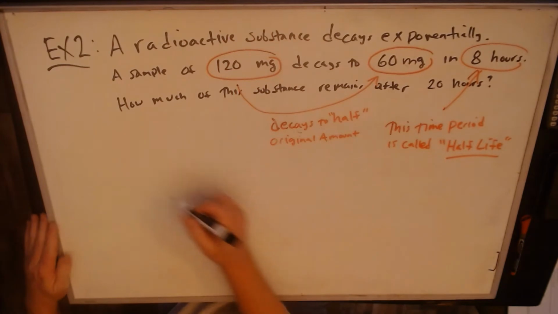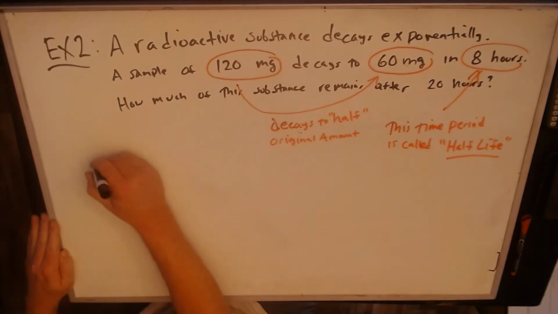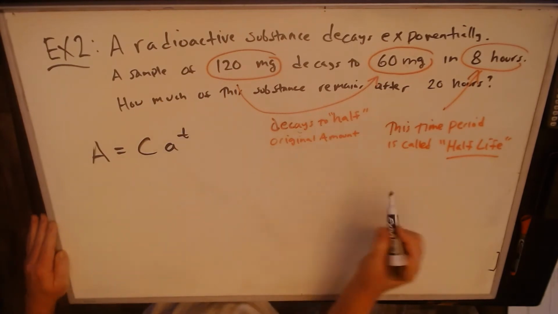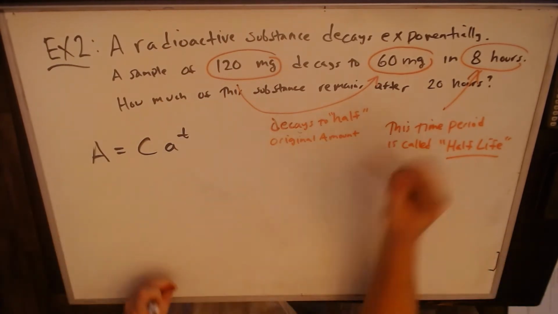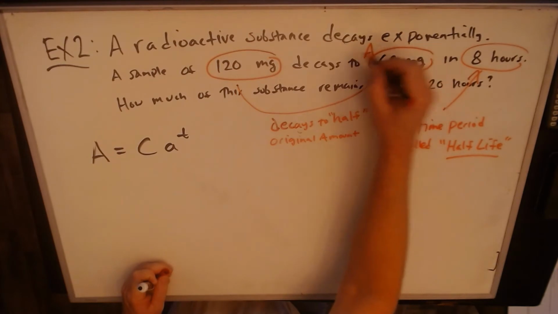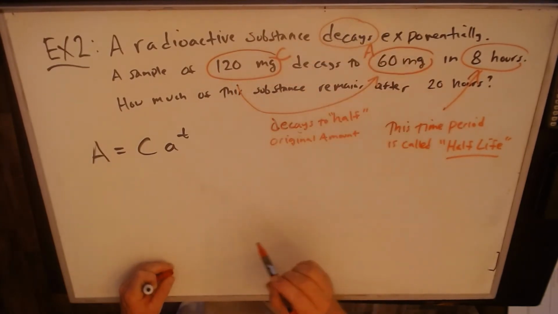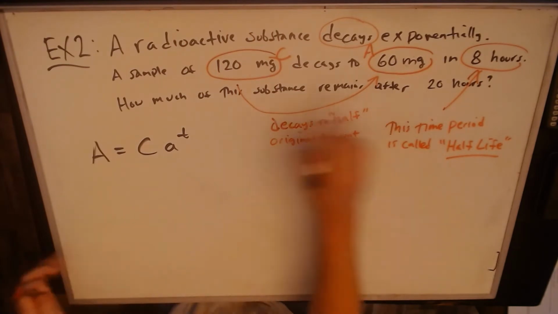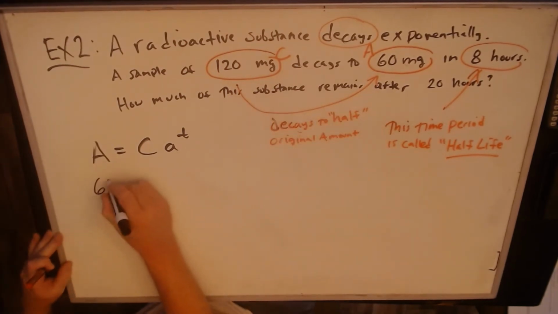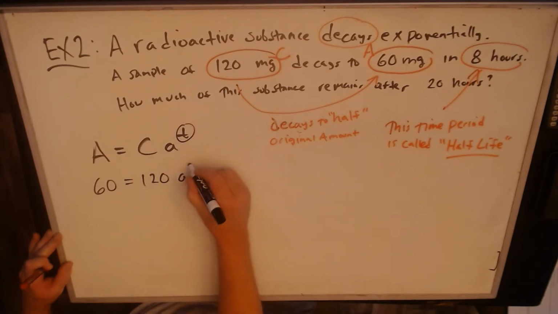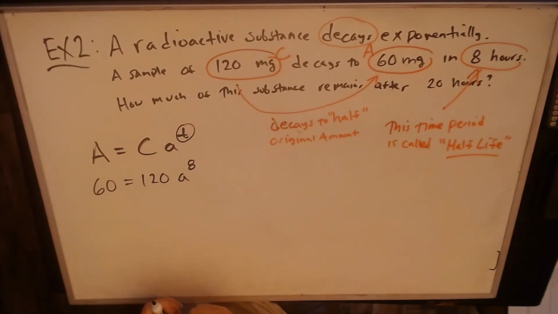And so you can see in your model that the amount that you have, A is the smaller amount and C is the larger amount because it is a decay function. So make sure you put them in the right position. A is 60 and C is 120. And then the amount of time is the half-life.